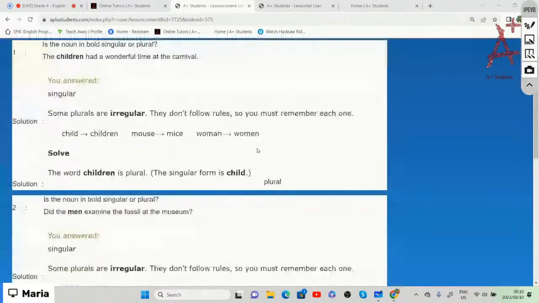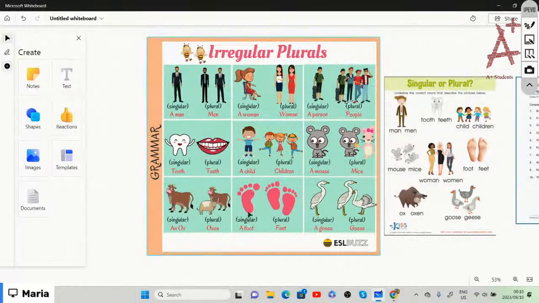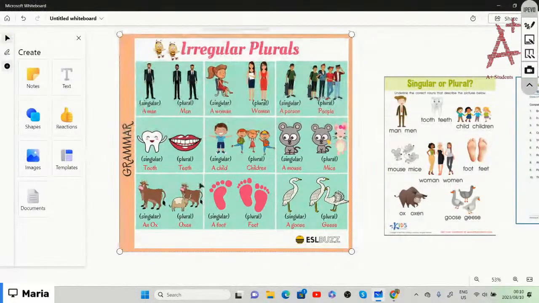So that is basically when it comes to irregular plurals. All right, let's quickly go over here. Here are but a few examples of irregular plurals.